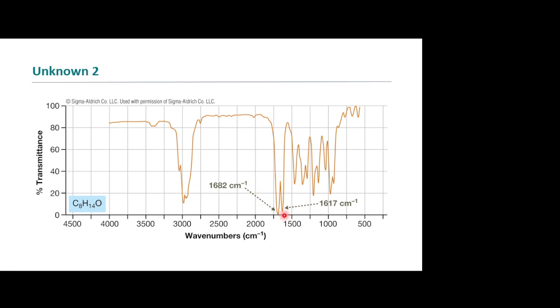Yeah, we have 2 very strong peaks, right? And these 2 very strong peaks right here, what sort of groups would those correspond to? What does a carbonyl usually show up near?